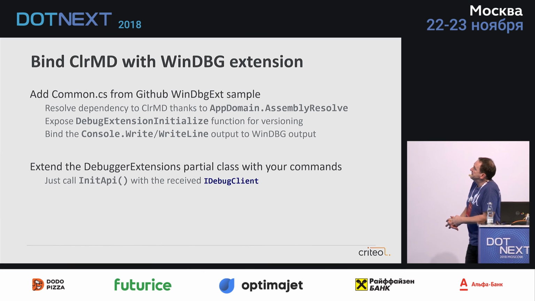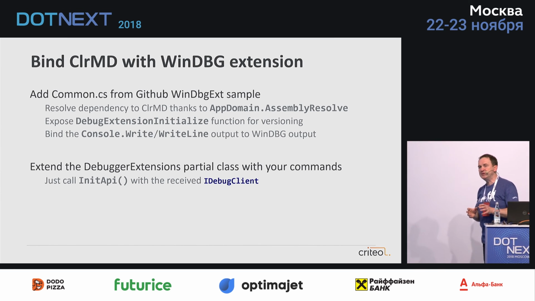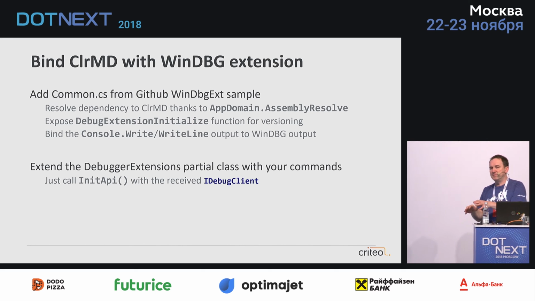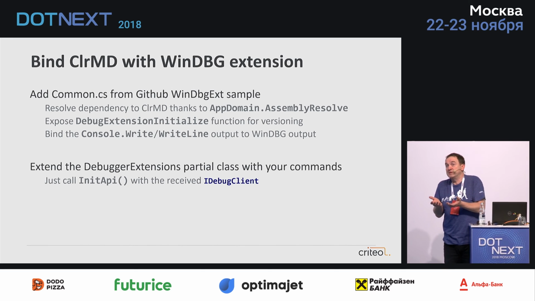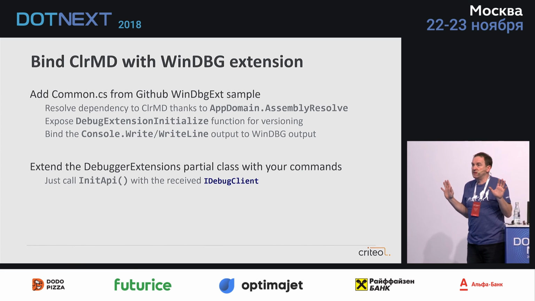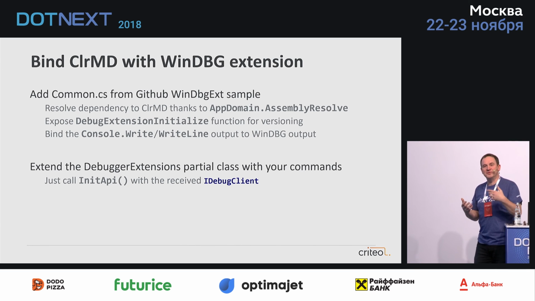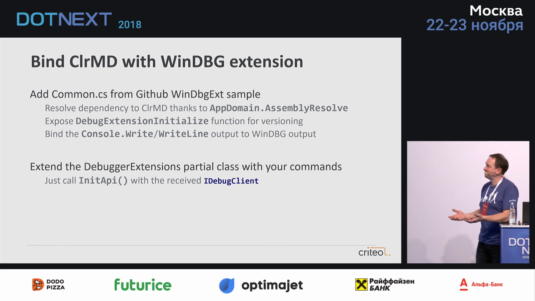Once this is done, the code that is written in this file will do some magic. So I try to list a little bit what it does. The first thing, I didn't write it here, is that it bootstraps the CLR, because WinDbg is a native application. It knows nothing about the CLR. It's scary. So it will bootstrap the CLR before any of your managed code will try to run.